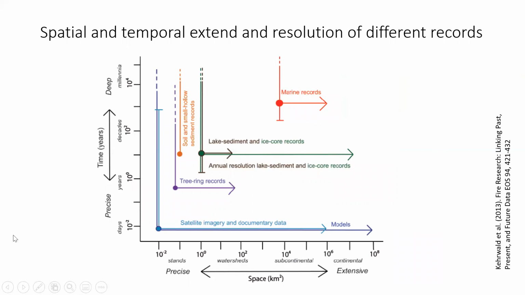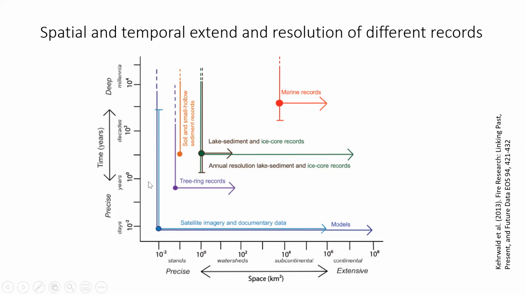As there are different proxies, they show different kinds of temporal and spatial extent and resolution. And we can use these all together or separately depending on what we want to reconstruct.